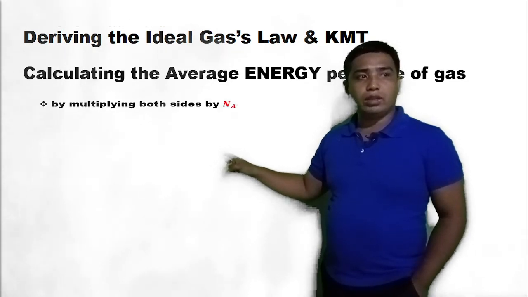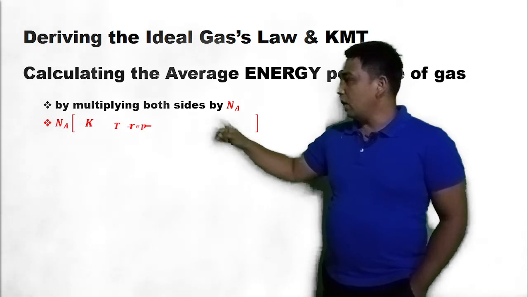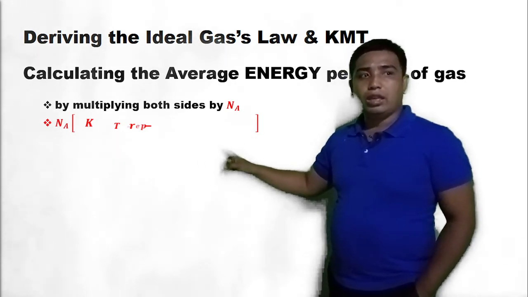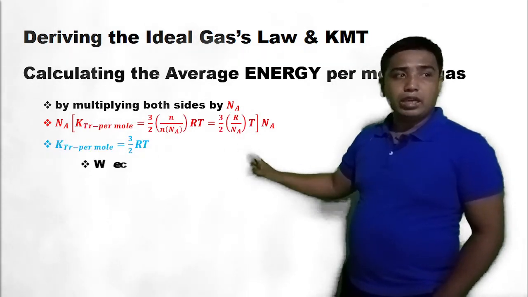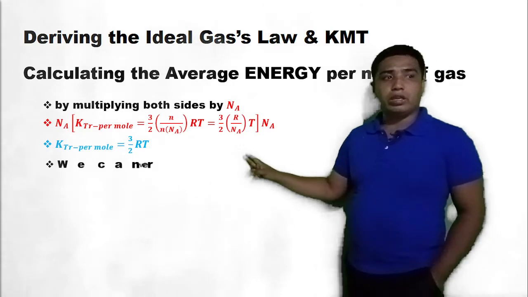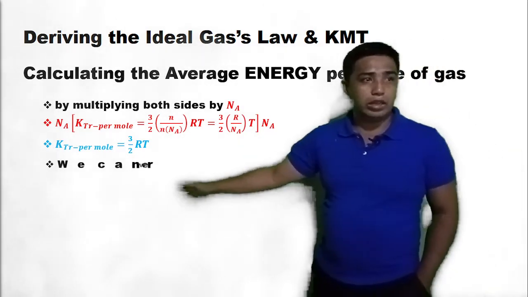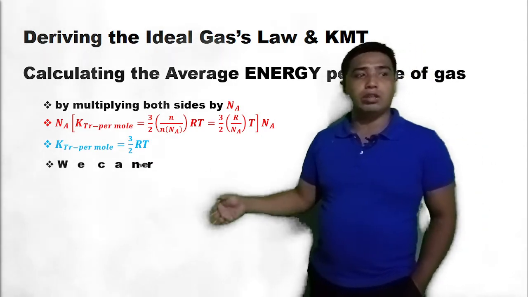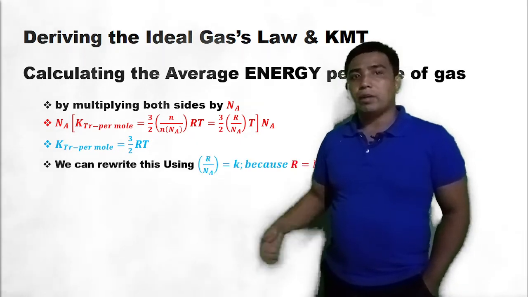We can rewrite this using the relationship R over N sub A is equivalent to k, and hence R is equivalent to N sub A times k. And you will see that the energy of 1 mole of gas doesn't depend on the type of gas, but on the measure of its absolute temperature.